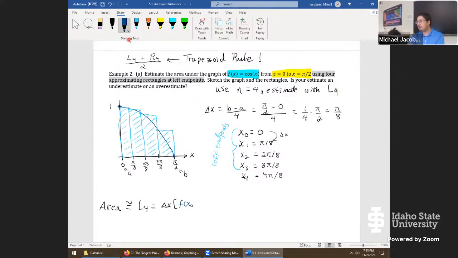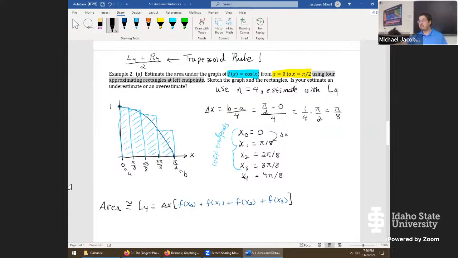So it'll be f of x naught. Don't forget, we have to start with the lower end. We're only putting in 4 values if it's n equals 4 approximating rectangles. So f of x1, f of x2, plus f of x3 is as far as we can go on this. So that's going to give us our 4 rectangle heights, and those are just the heights we put here.